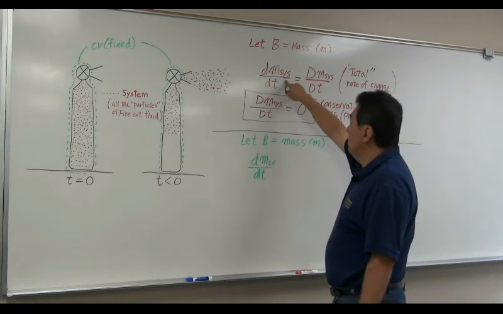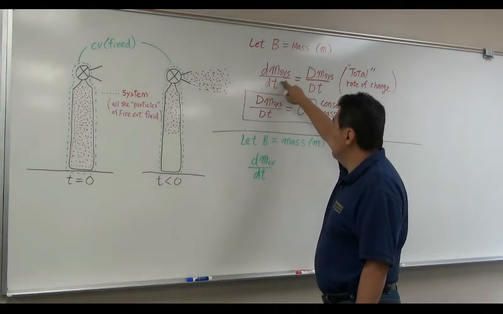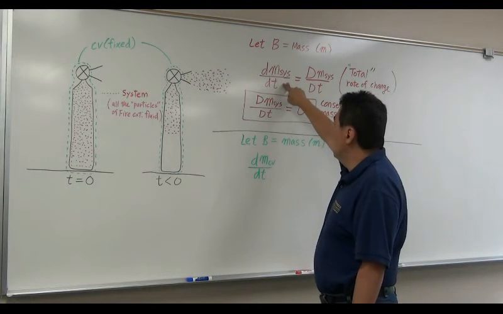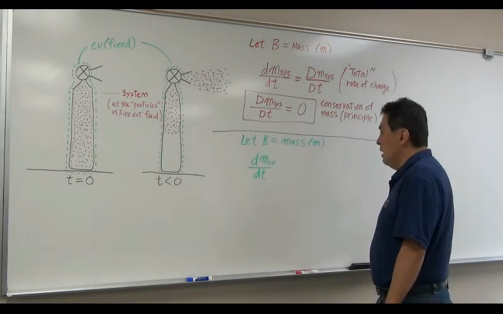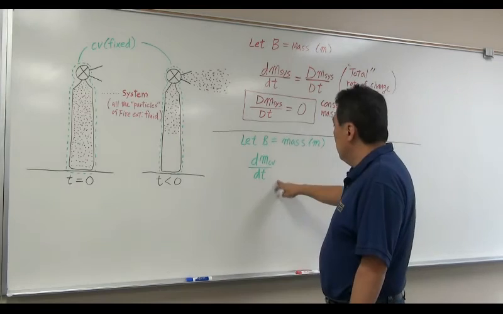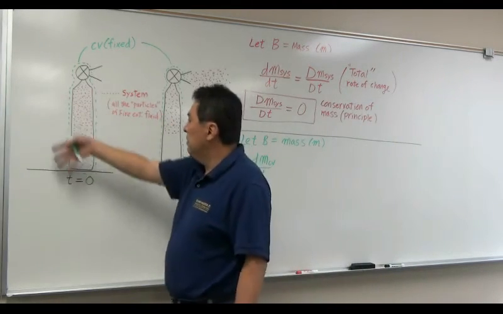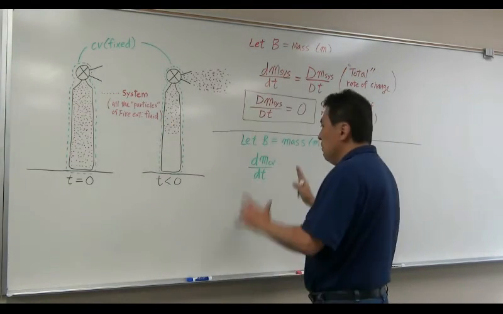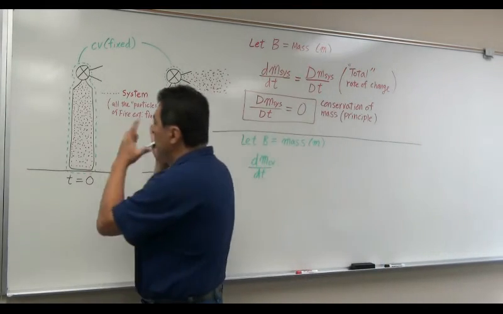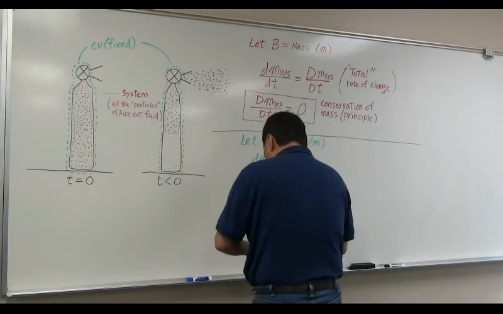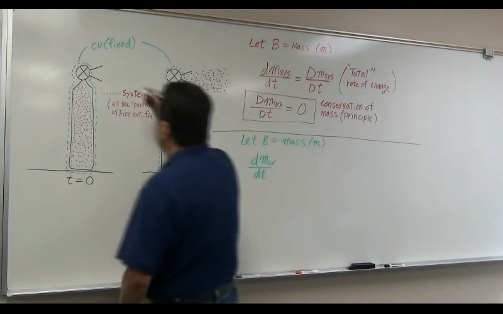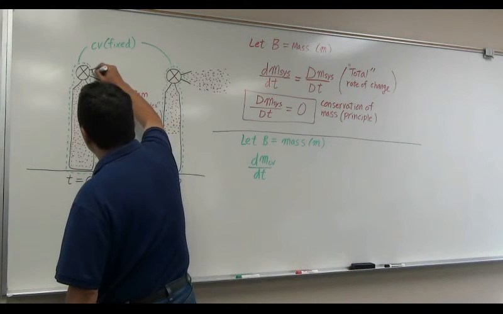This is the change of mass with respect to time of the system, which we do know is 0. That's the Lagrangian approach. Now this is a slightly different approach. We define the control volume fixed in space. Then we put our eyes only on that control volume. Now once you define the control volume, you automatically define the control surface.